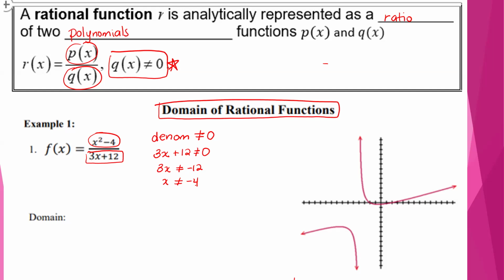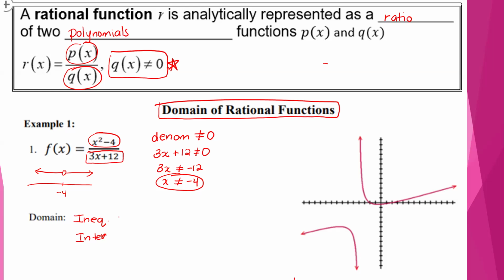Okay. Now, what is my domain? You can write it in two different ways. You can write it with inequalities, or you can write it in interval notation. Usually they don't care unless they tell you what to write it in, okay? But what does this mean? I can have every single number out there except for negative 4, right? So if I graph this on a number line, isn't that every number except for negative 4? I have a hole, right?